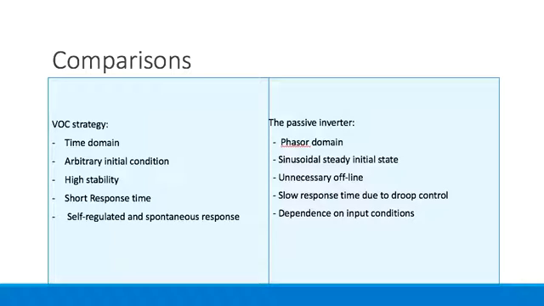It is very important to mention that the VOC strategy stabilizes the system in the time domain instead of the phasor domain, and it can stabilize arbitrary initial conditions with a higher stability and faster response time, so that the system can respond to the change in the input power immediately and spontaneously. So therefore, it becomes a self-regulated inverter.